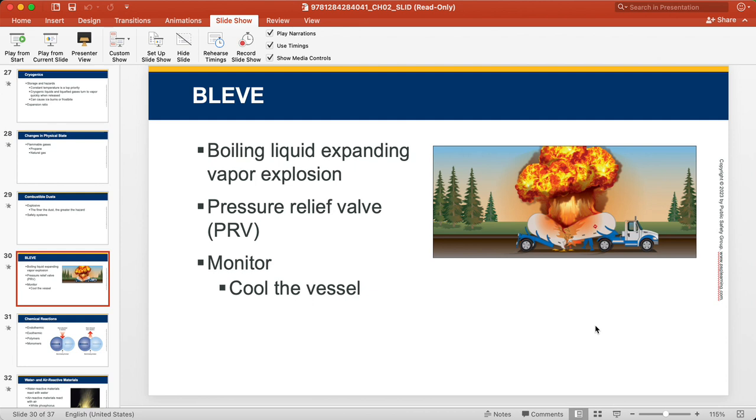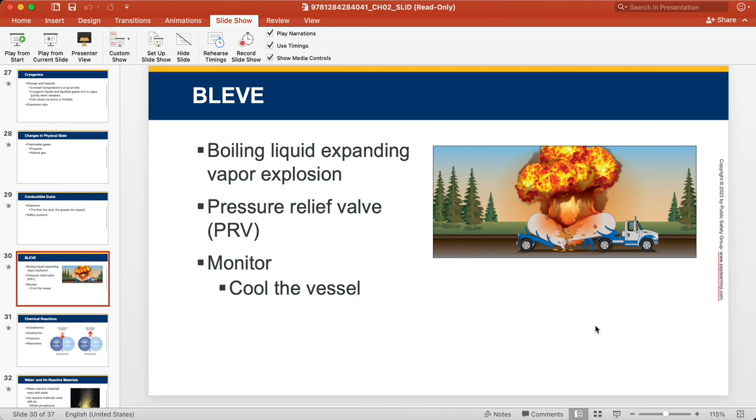Well, the same thing happens with propane, but it just so happens to be a very flammable gas and a very flammable liquid. So with a propane cylinder, when they fill it, when it gets to 80%, that means it's full. So there's a 20% portion on the top of the tank that has gas, and the 80% below is a liquid.